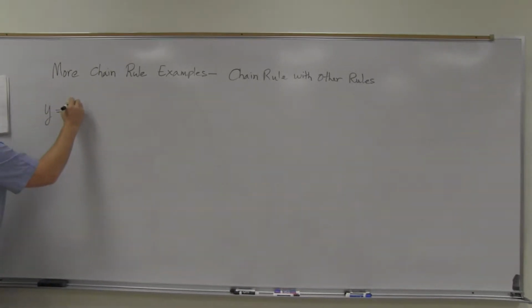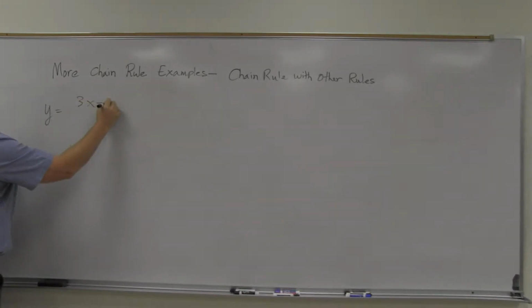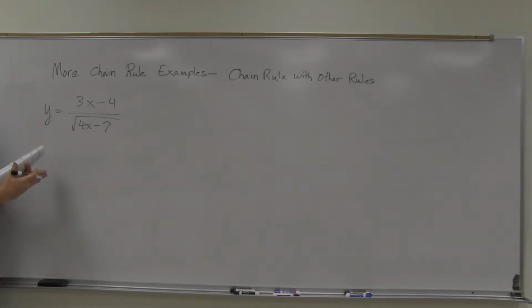So y equals (3x minus 4) over the square root of (4x minus 7). What we might note here is, obviously we have a quotient rule.